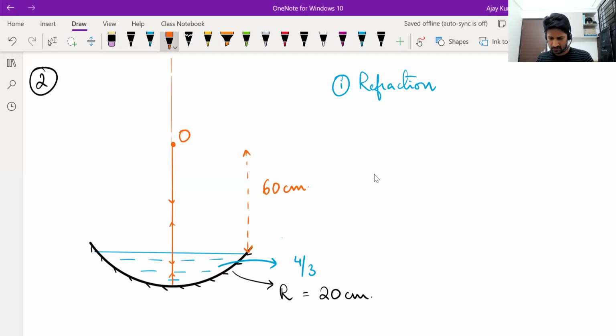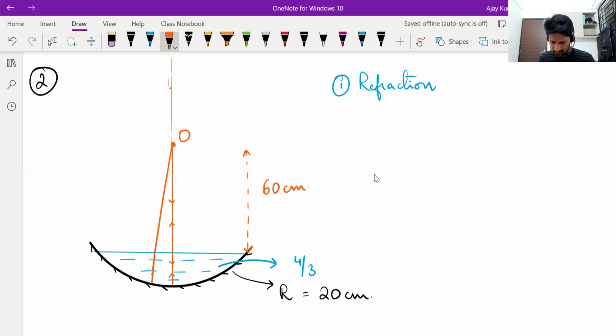Another ray you can take incident this way. Now what happens after reflection and all we will see. It was traveling in this direction. It bends towards the normal. When it enters from air into water, you know light bends towards the normal. Let's make it bend only a little bit, as if it is coming from somewhere here.